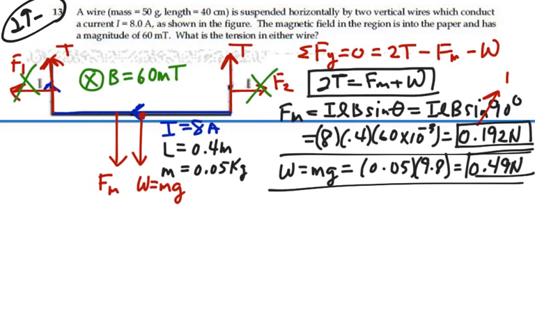So we have 2 times the tension equals the magnetic force plus the weight force, and that is equal to 0.192 plus 0.49, and that's equal to 0.682.